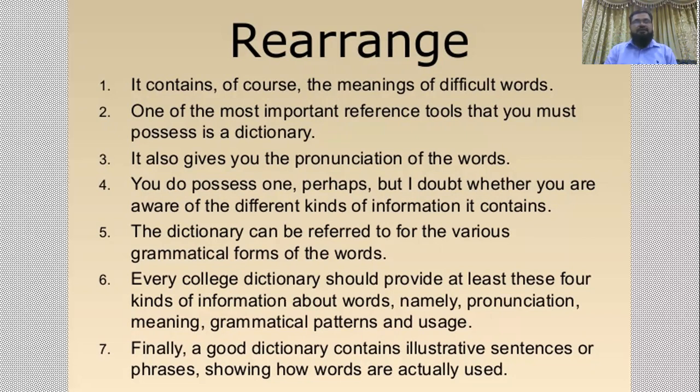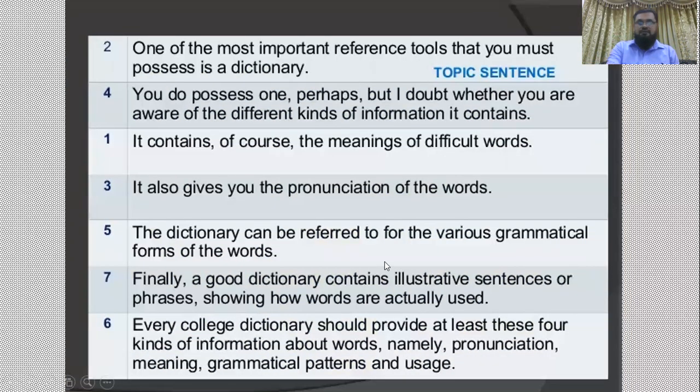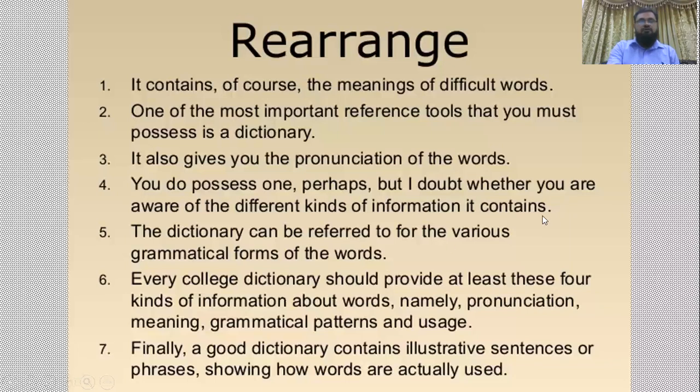Every college dictionary should provide at least these four kinds of information about words, namely pronunciation, meaning, grammatical patterns, and usage. Number 7, finally, a good dictionary contains illustrative sentences or phrases showing how words are actually used.